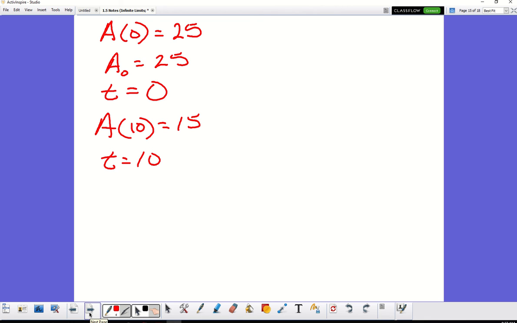So given the formula, I had A is equal to A sub naught e to the kt. Let's start with my initial. I know my initial is going to be 25, so I have 25 e to the, I don't know, k. Do I know t? T is going to be 10. But now, I know at 10, my end result is 15.